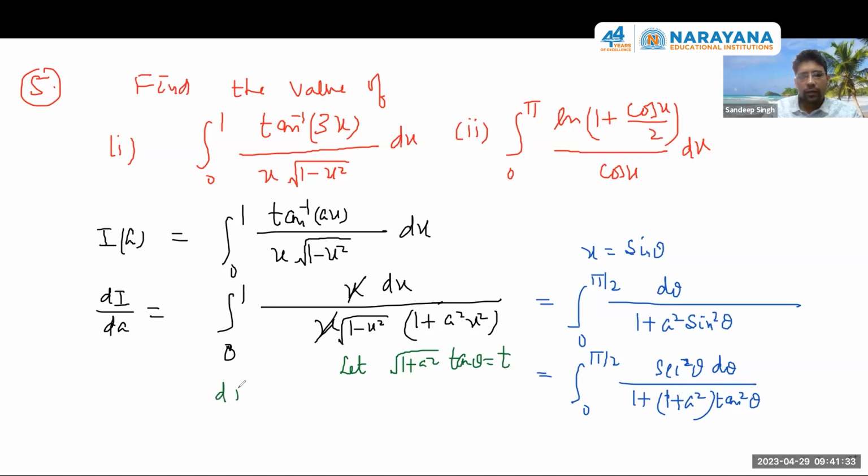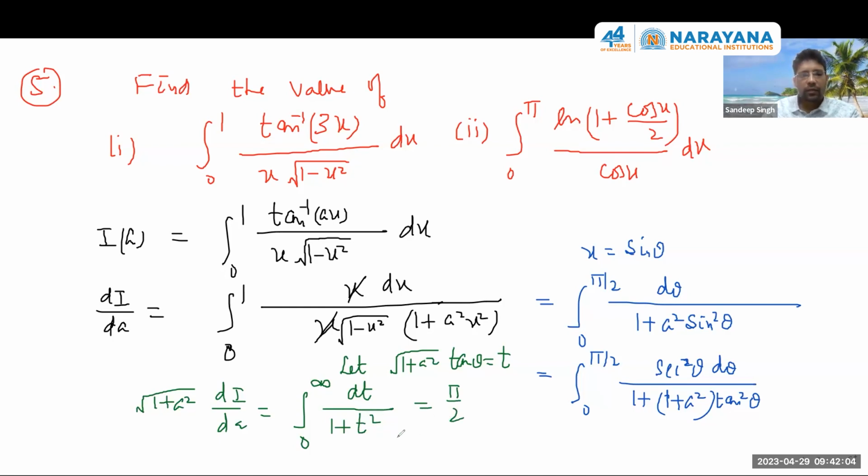So dI by dA will be equal to, limits will be from 0 to infinity, sec square theta d theta will be dt divided by root of 1 plus a square. Correct me if I am wrong. Dt divided by 1 plus t square. Correct? So this is pi by 2.